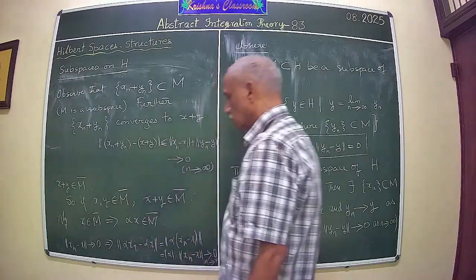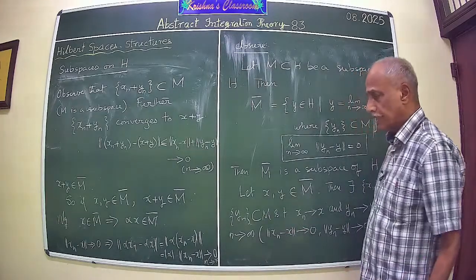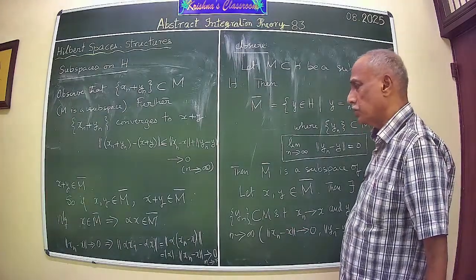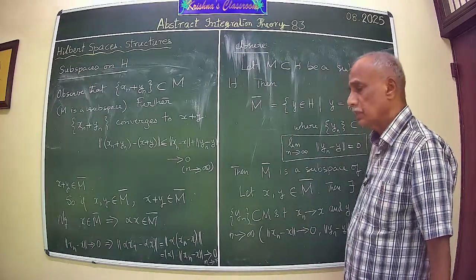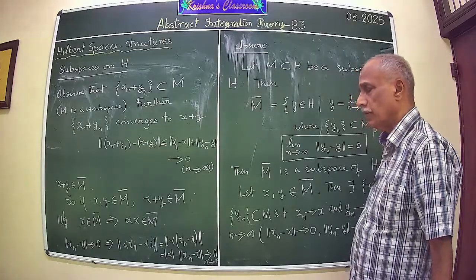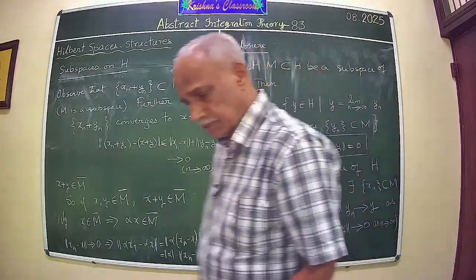So if x belongs to M closure, then alpha x belongs to M closure. Therefore, M closure is a subspace.